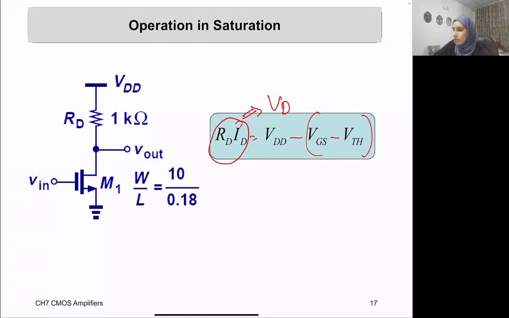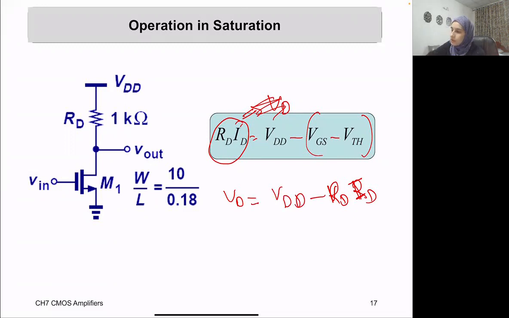And Vs is equal to 0. So this Vd is equal to VDD minus RD times ID. Okay, and Vs is equal to 0.